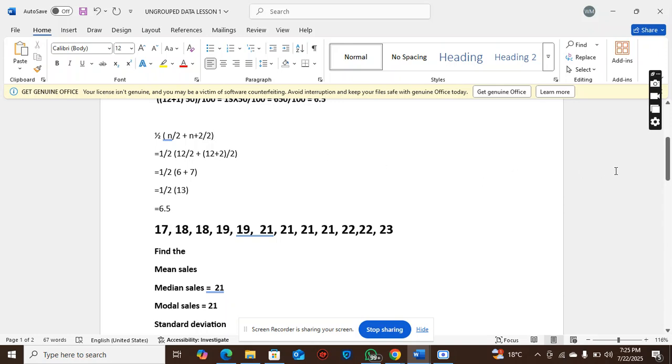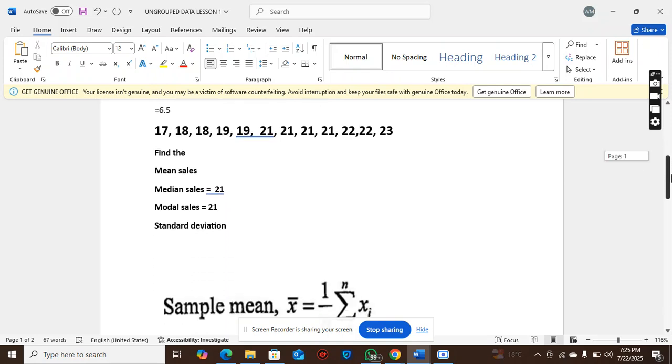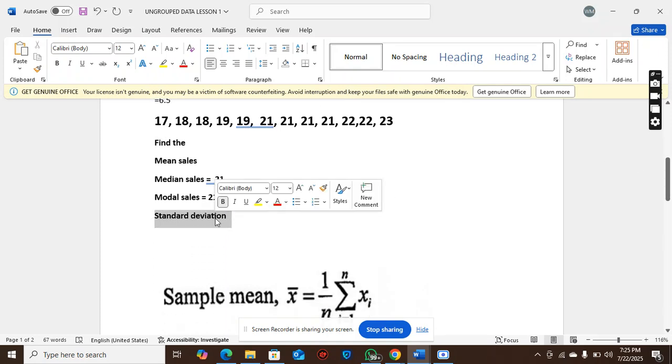Okay, wonderful. Next, we need to find the standard deviation. The standard deviation tells us how far the data points are from the mean, basically the spread of the data. We want to see, in this scenario in 2025, were our sales stable near each other or fluctuating far from each other?